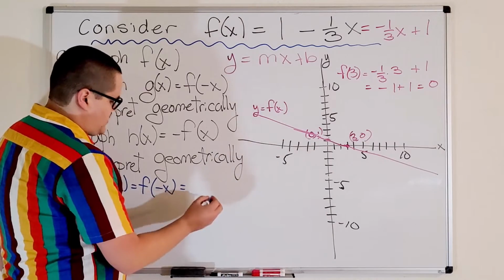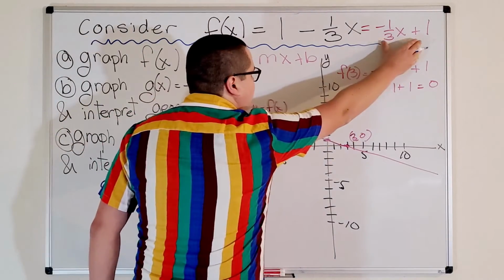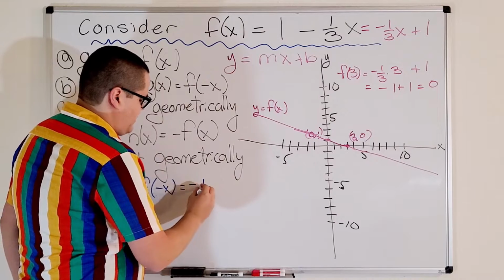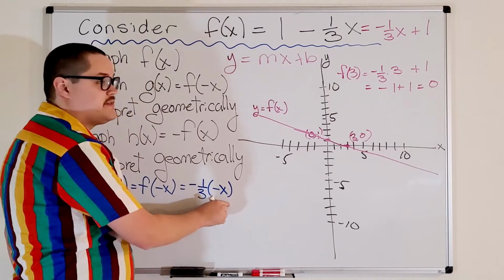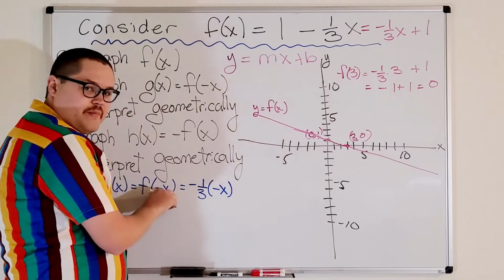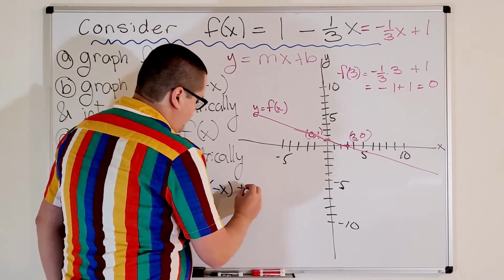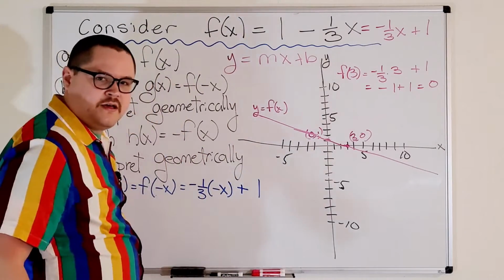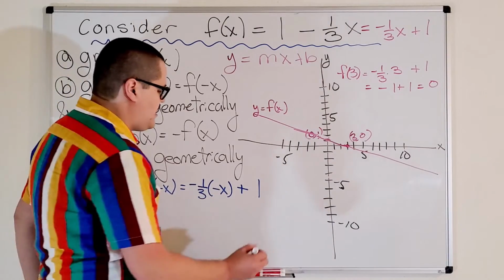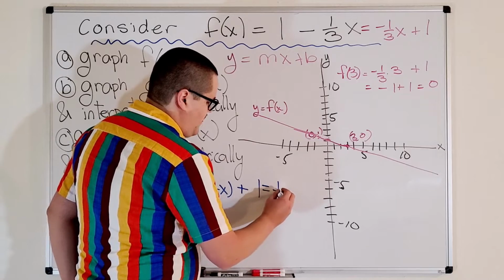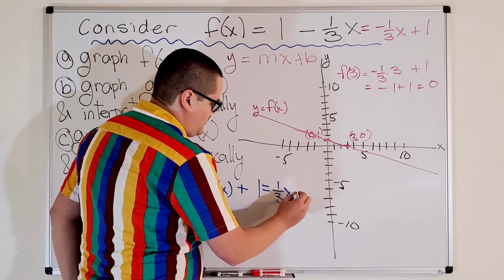So this is the same as, I'm going to use this form here, negative 1/3 times negative x, now in parentheses, plus 1. Okay, so a negative times a negative is a positive. So this is equivalent to positive 1/3 x plus 1.